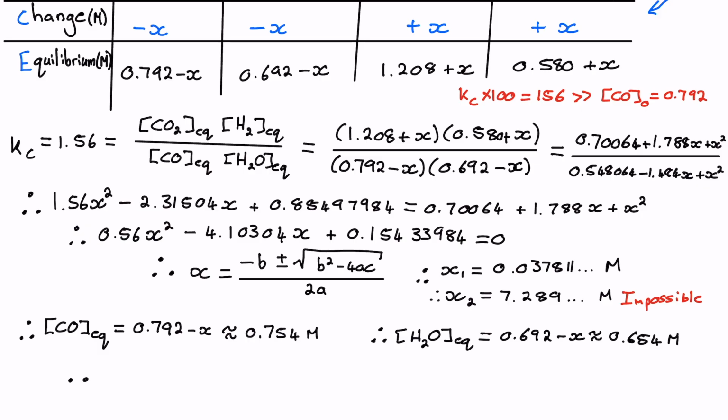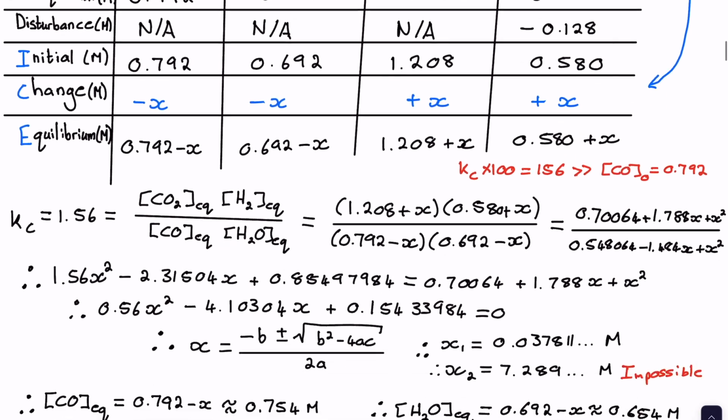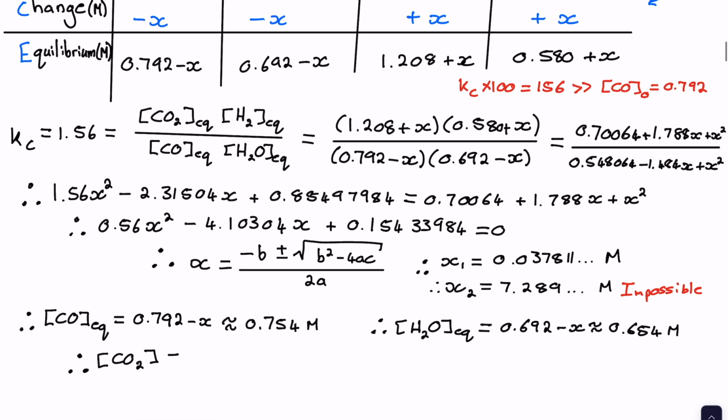The equilibrium concentration of CO2 is equal to 1.208 plus x, and that then rounds to 1.25 molar.